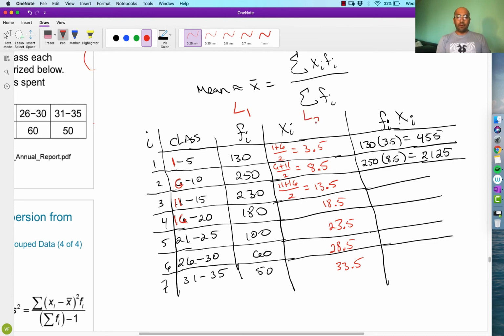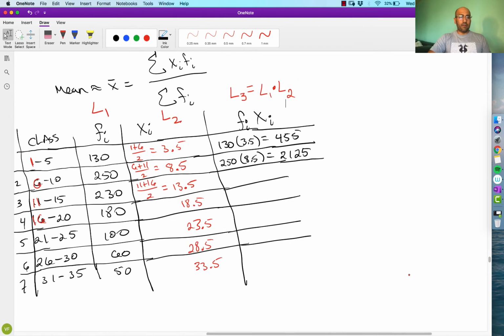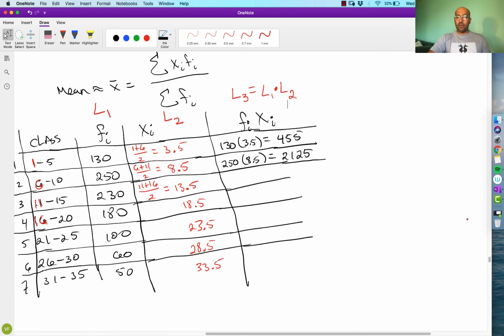So let's type those in. And now when I put those two columns in my calculator, I can figure out L3 is equal to L1 times L2, and then my calculator will give me all these values automatically. Okay, so let's practice that. Let's go over to our calculator.